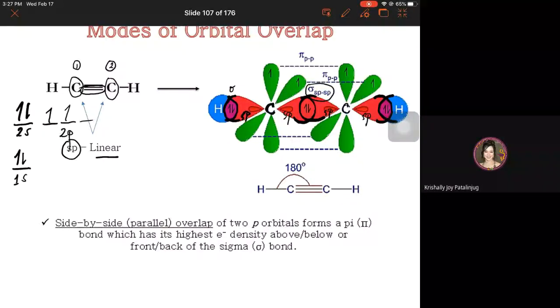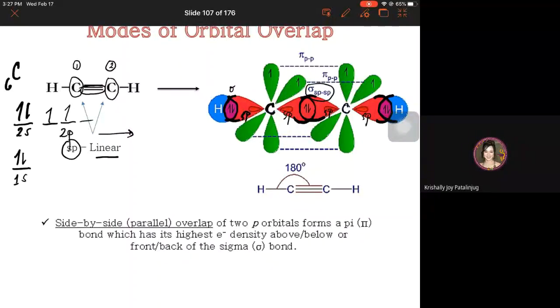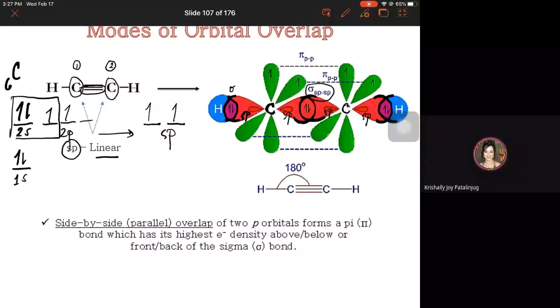Okay, C6. Since nakalinear yung arrangement ng each carbon, sp hybridized lang. Okay, yung gagawin natin, mix ka ng dalawa lang. Okay, so sp with unpaired electron each para makabuo ka ng sigma bond.